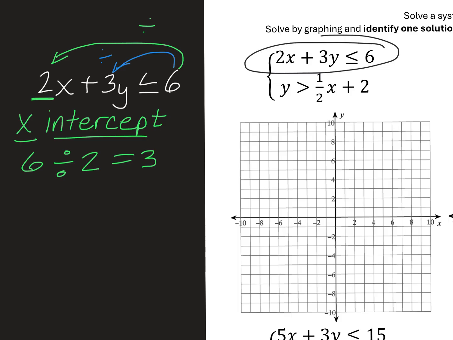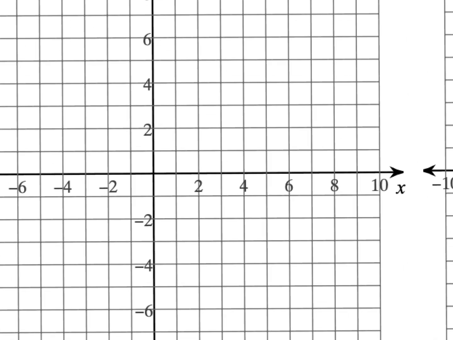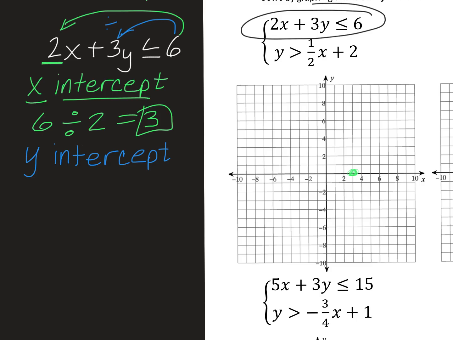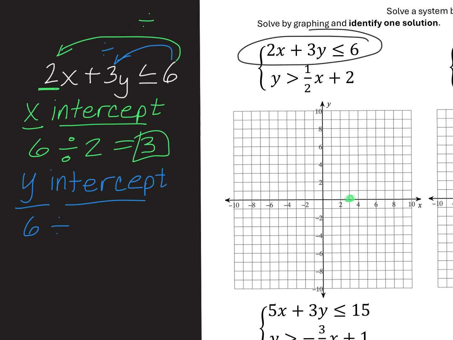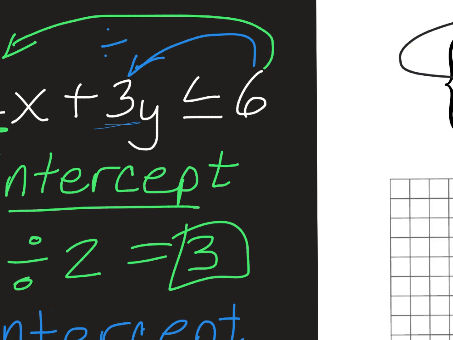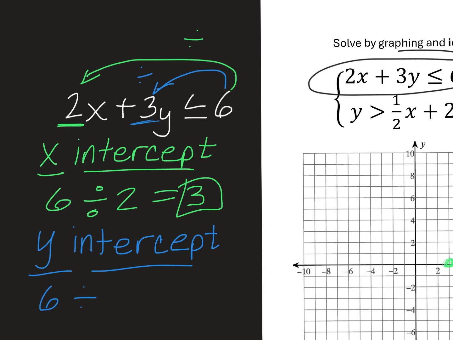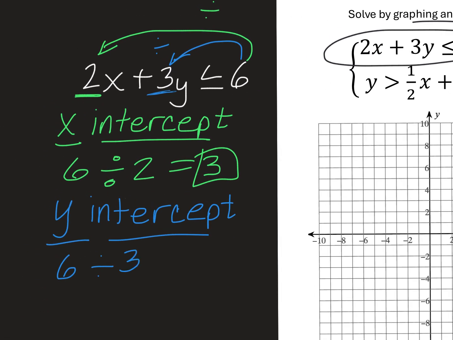So I'm going to put that 3 coordinate right over here on the x-axis, right here at 3. Next, to get my y-intercept, I'm going to take that 6, and I'm going to divide it by the coefficient in front of the y, which is 3.